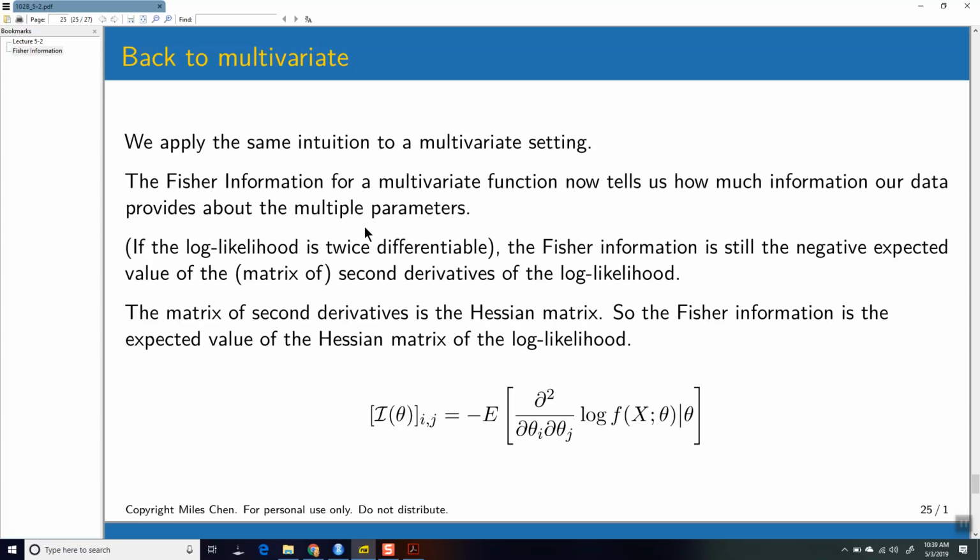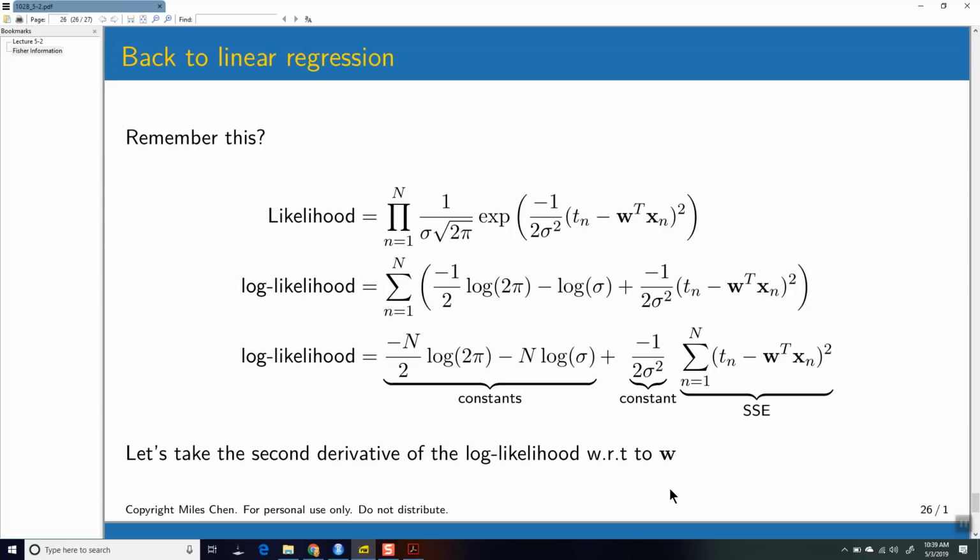So rather than getting one value, you're going to get this matrix of values, right? And so your Fisher information matrix is going to basically be all of the second partial derivatives of the log likelihood function. And this is as far as I got with typesetting.